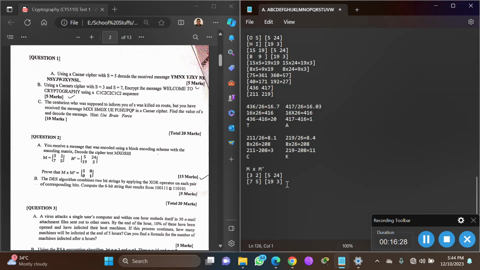So as we can see, our first row, which has 3, will be multiplied by the column which has 5. Then we say plus the row of 2 times the column of 19. We give a space. The row of 3 times the column of 24 plus the row of 2 times the column of 3. Then we close.